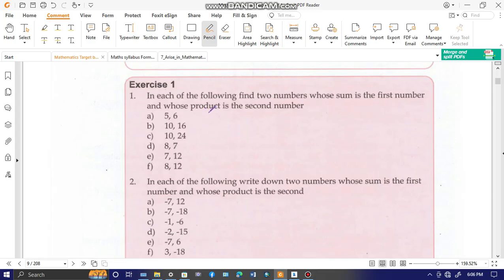If you check well, that would be 2 plus 3. 2 plus 3 will give you 5, and 2 times 3 will give you 6.